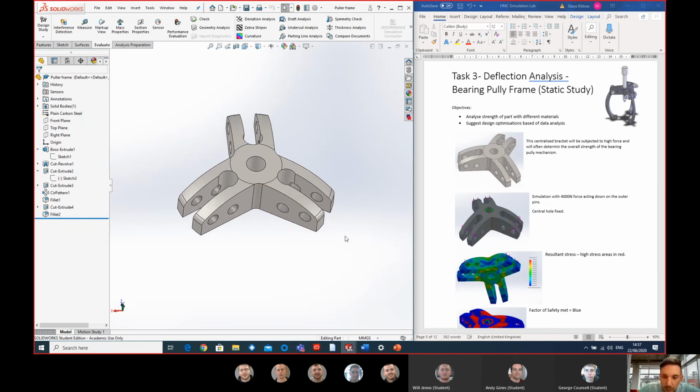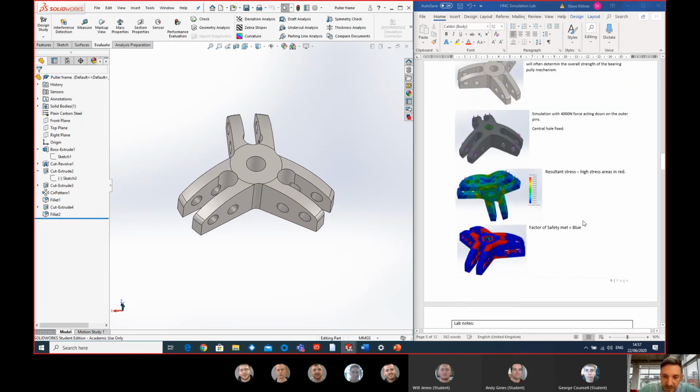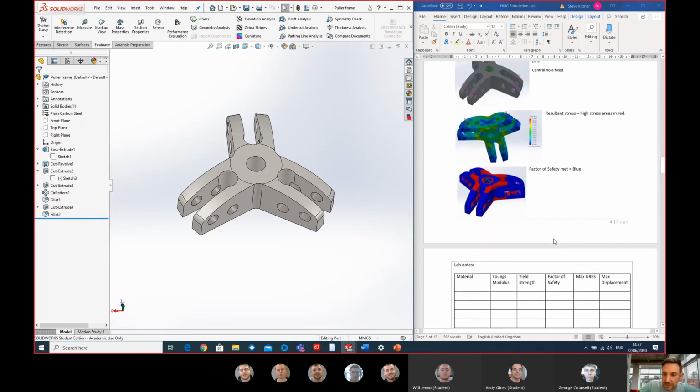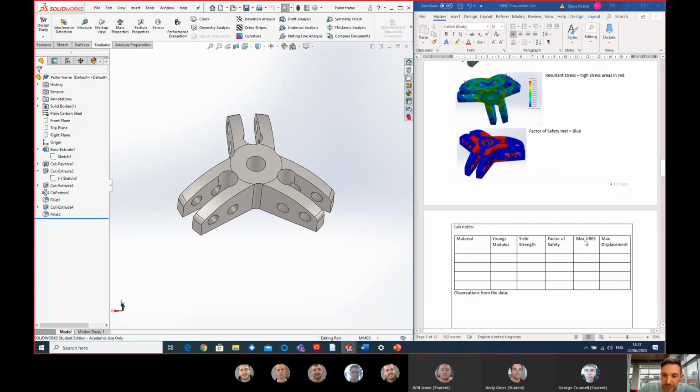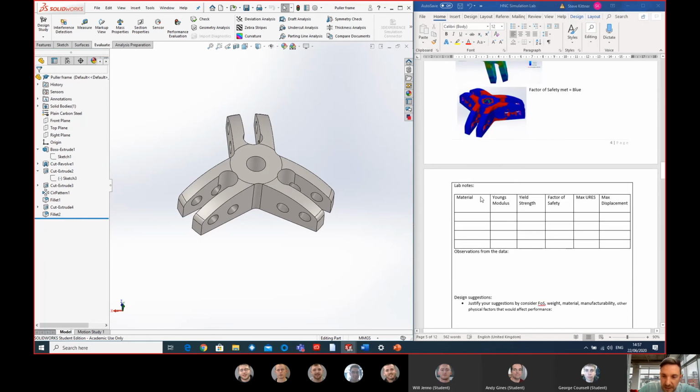We're going to have a look at a couple of different materials on this one and have a look at the factor of safety for each of them, pinpoint the maximum displacement, uniform displacement, and see if we can come up with a suggestion of material to actually use.